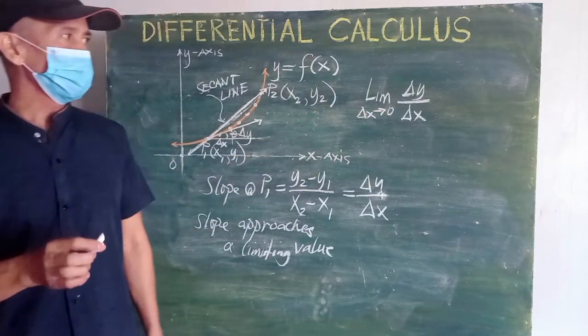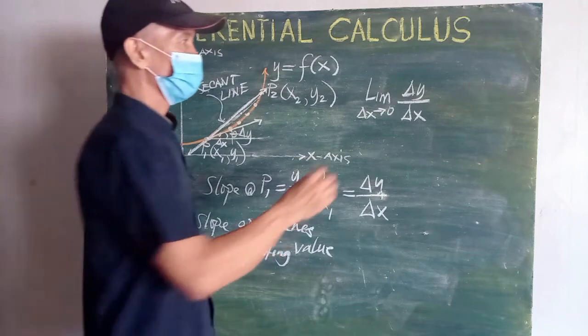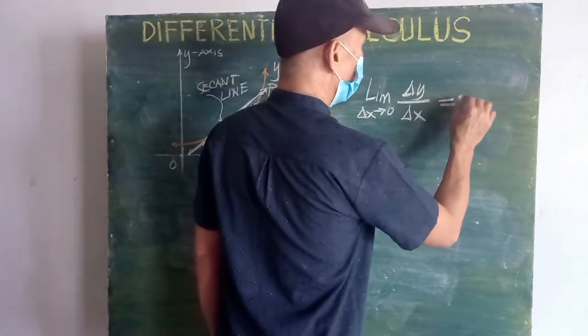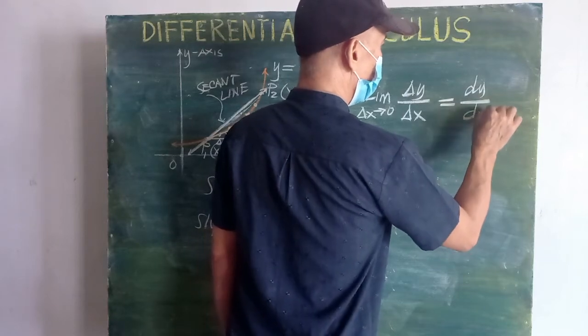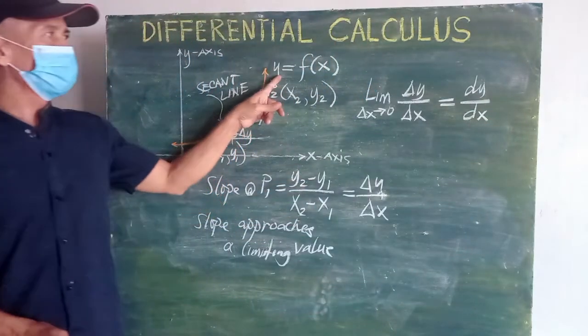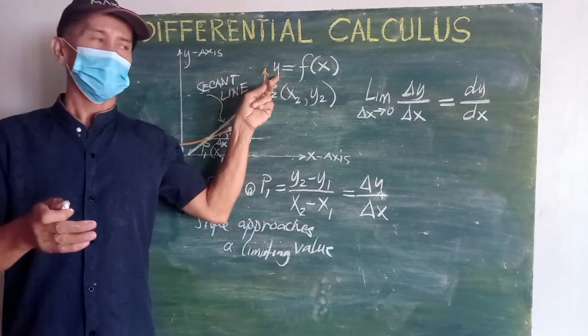Okay? So that limit delta y over delta x represents the derivative dy over dx of the given function y equals f of x.